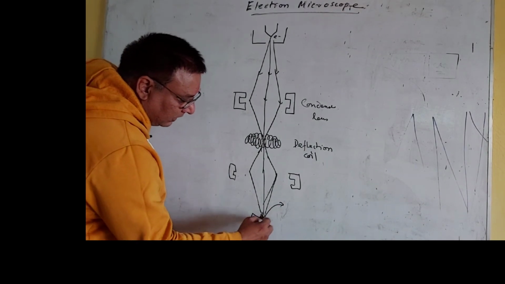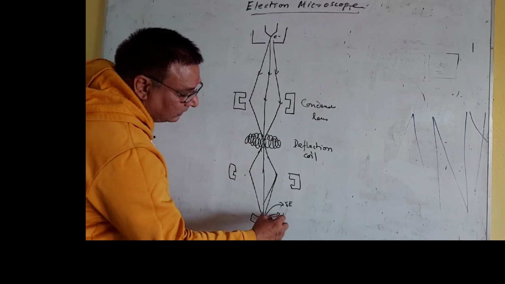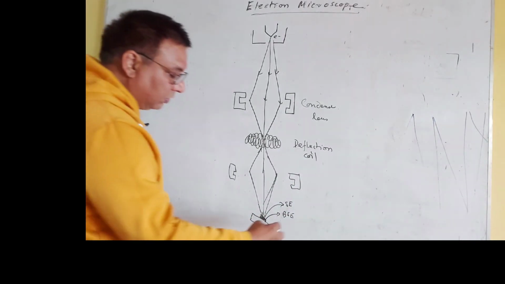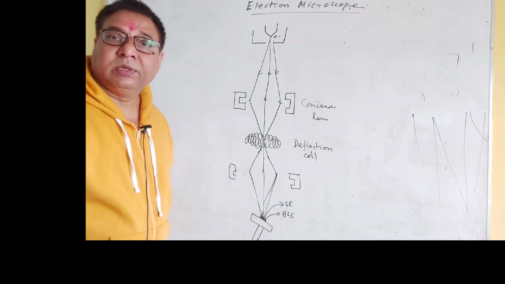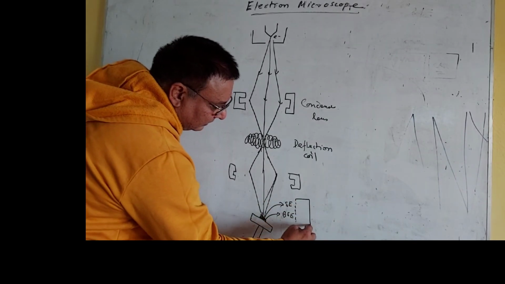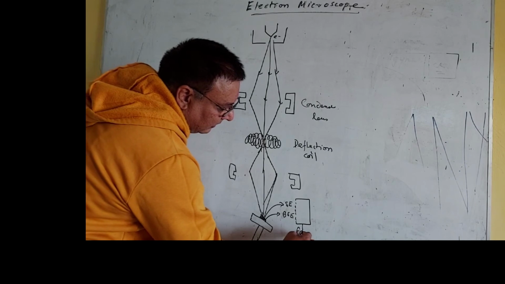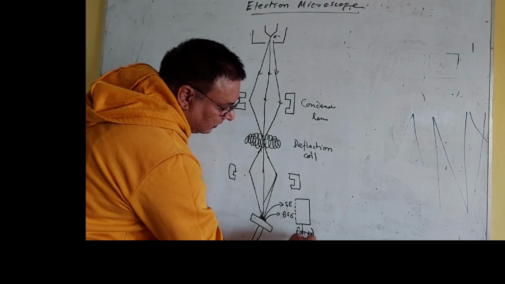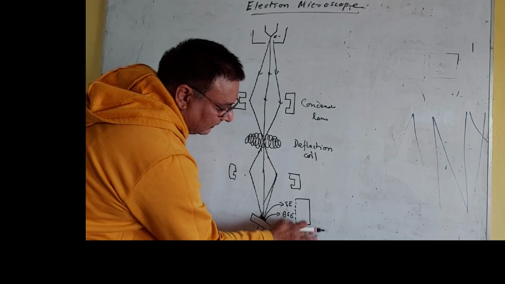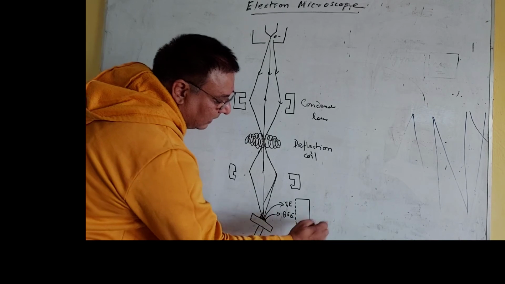Electron beams are being generated. So this electron beam is secondary electron. This is backscattered electron. You're going to capture this through a Faraday cage. So this is Faraday, is it double R or single R? I think single R, Faraday cage.